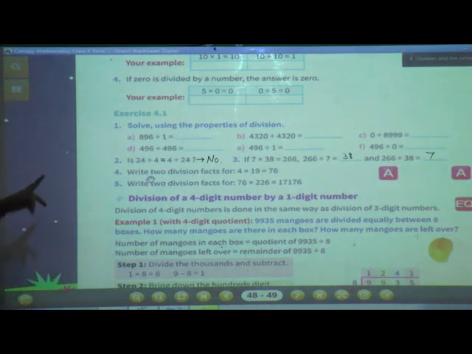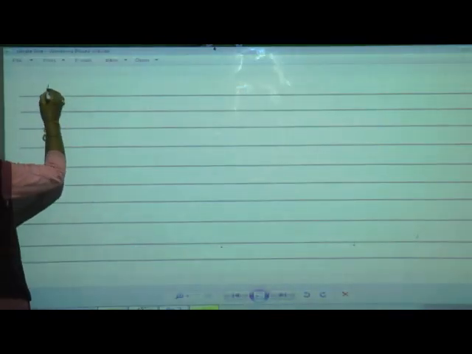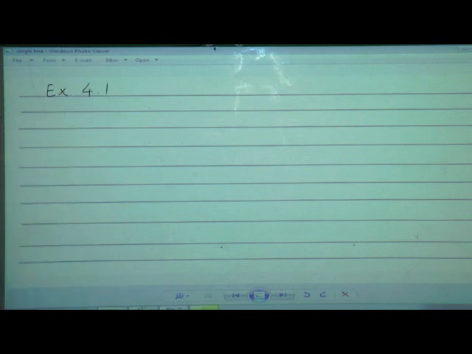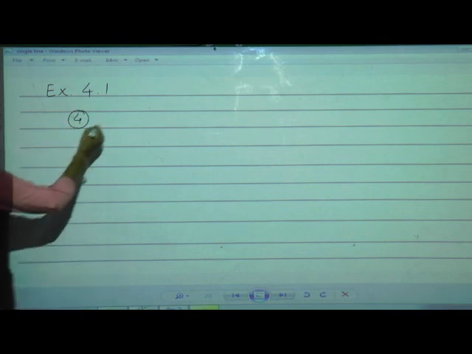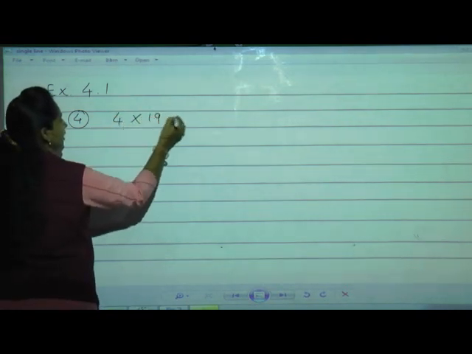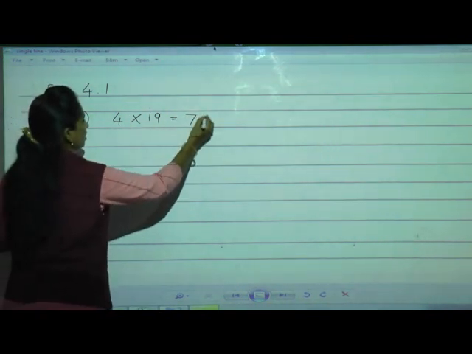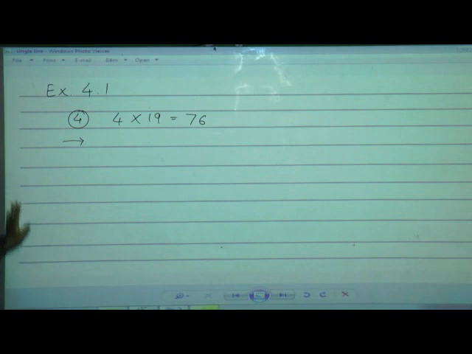Same as we have done in question C. Okay, now we will do it. 4 multiplied by 19 is equal to 76, isn't it? They have given this question. Now we have to write two division facts from these given numbers.